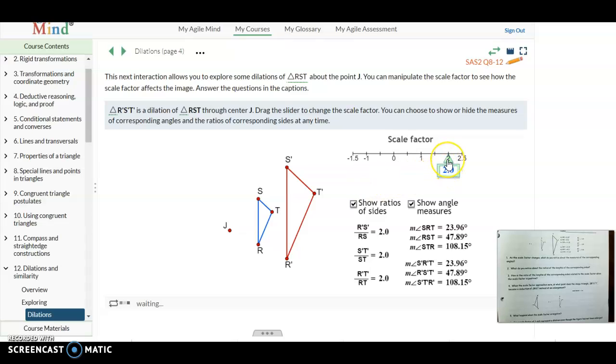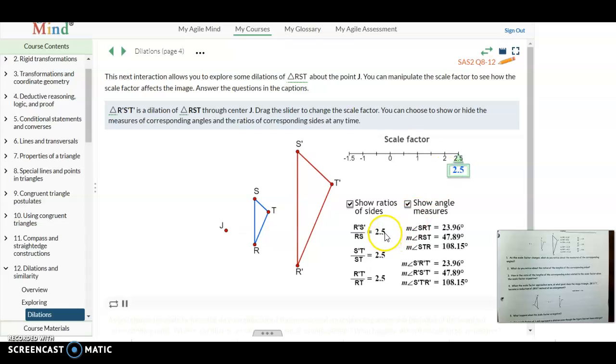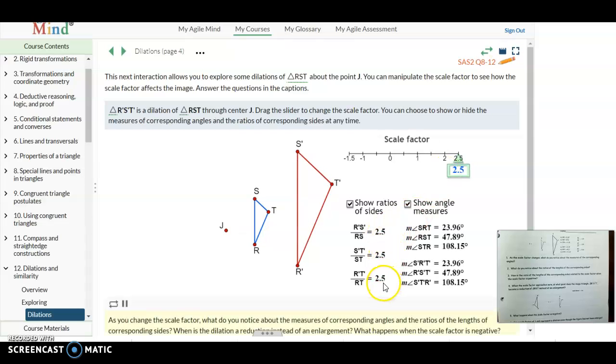So if I increase the scale factor from here, those are the things that we should notice are going to change. My triangle is going to get farther away from point J, and notice that the ratio of the sides is increasing as well to match the scale factor. But again, did my angle measures change at all? No, they did not.